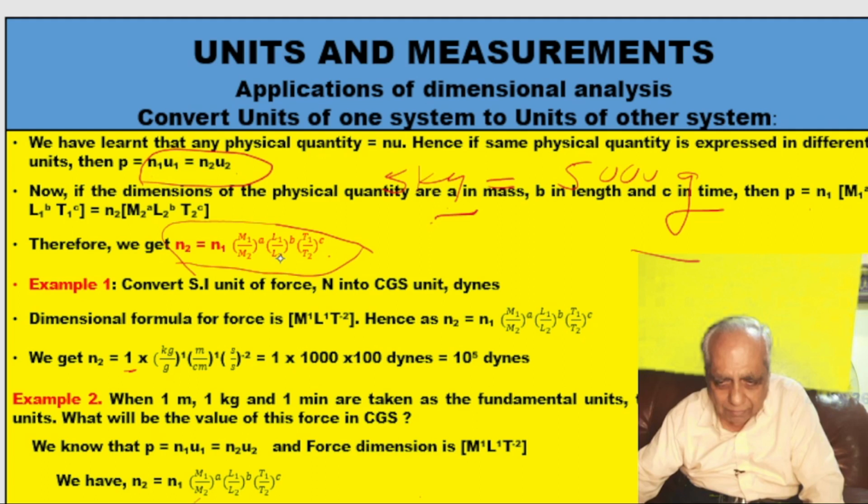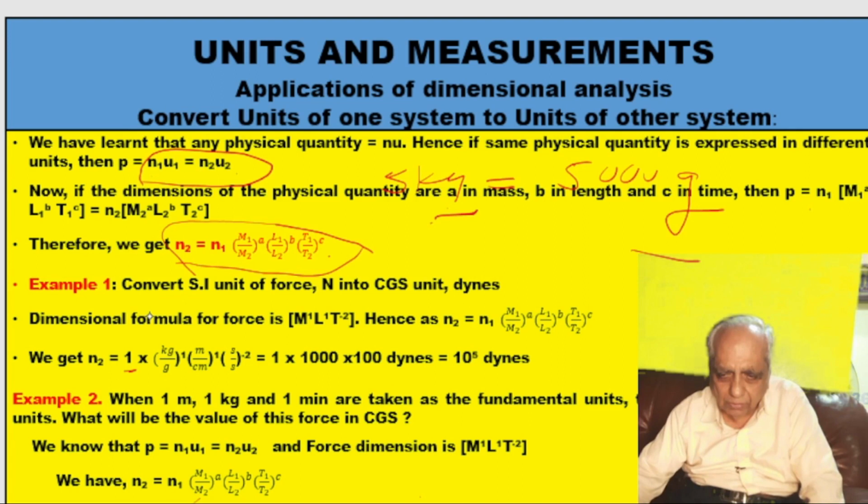Therefore here come M1, L1, T1 because this is N1. And this has come from here. So this formula you should learn. So we are finding the value of N2. The system in which we want to find the value, that is N2, and its system units will come here. And this is which is given to us. It will become clear to you.